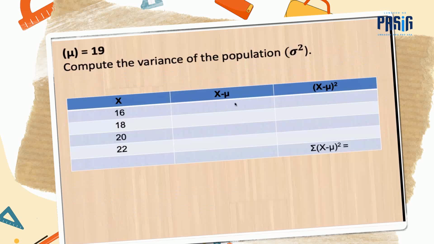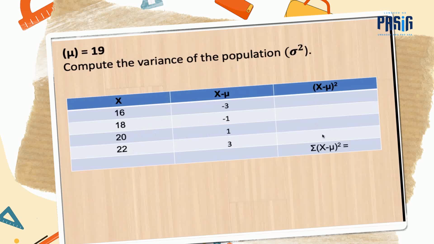For x minus mean, we will subtract each value of x minus 19. 16 minus 19 is negative 3. 18 minus 19 is negative 1. 20 minus 19 is 1. 22 minus 19 is 3.